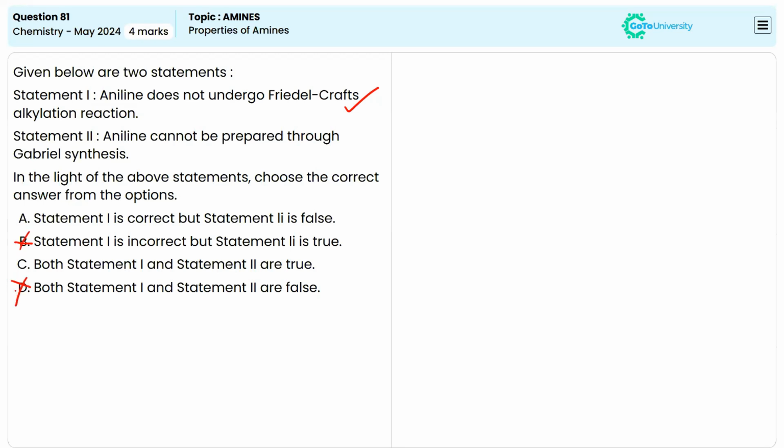Option B and D are wrong. Now, aniline cannot be prepared through Gabriel synthesis. Gabriel synthesis is not the carbylamine reaction. So aniline cannot be, means they cannot produce it, right? So here first statement is the correct one. Aniline cannot be prepared through Gabriel synthesis also is a correct statement.